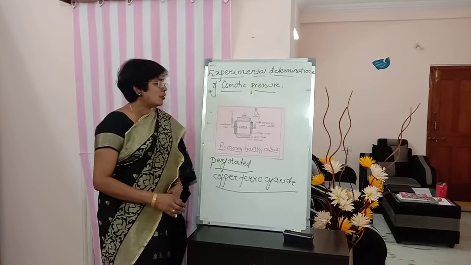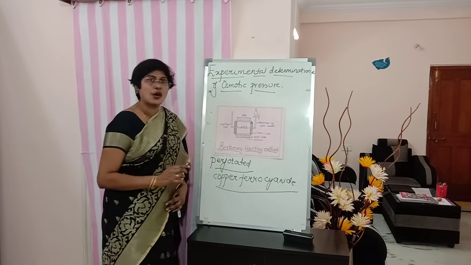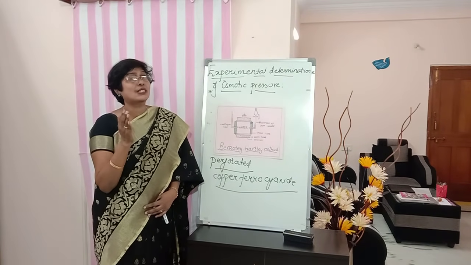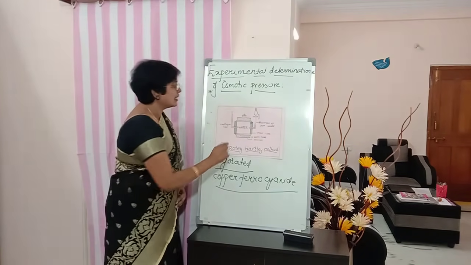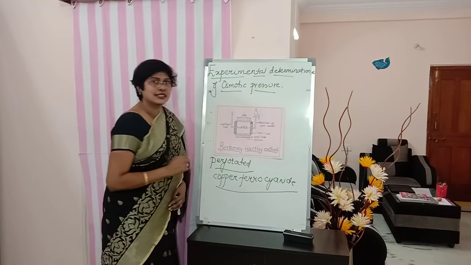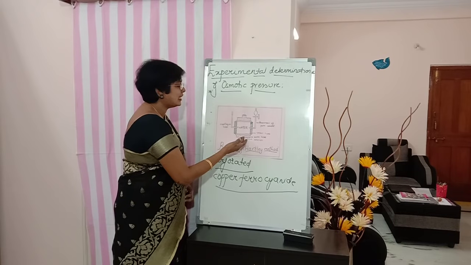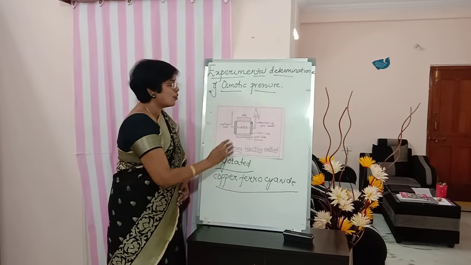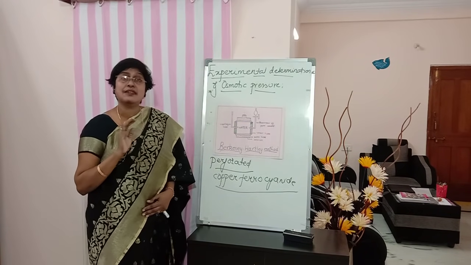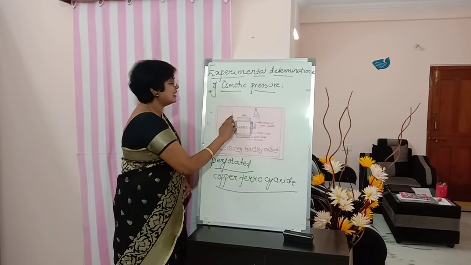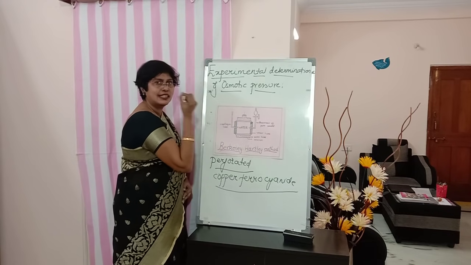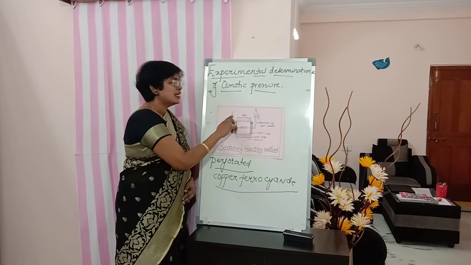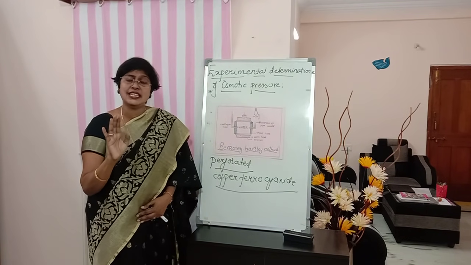Here I have written water, so you understand the inner tube is filled with water, the pure solvent. I did not draw the water again because you would get confused, so I just wrote water. The inner tube is completely filled with water, and the level of water is till here. I showed a small mark over here for the level of solvent in the capillary tube. Clear? This is about the inner tube.